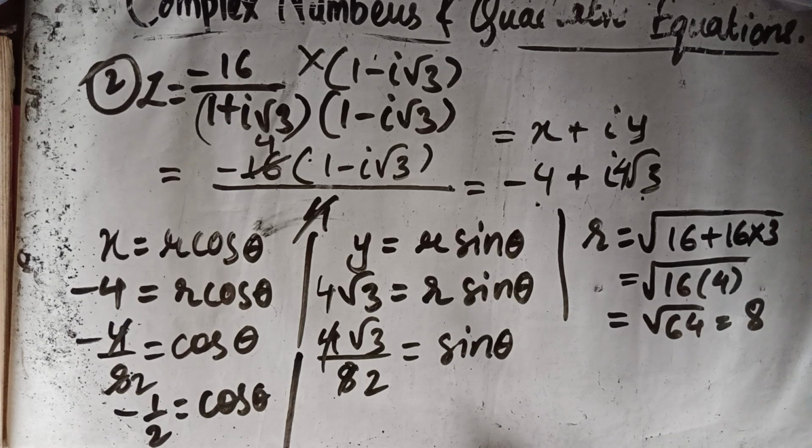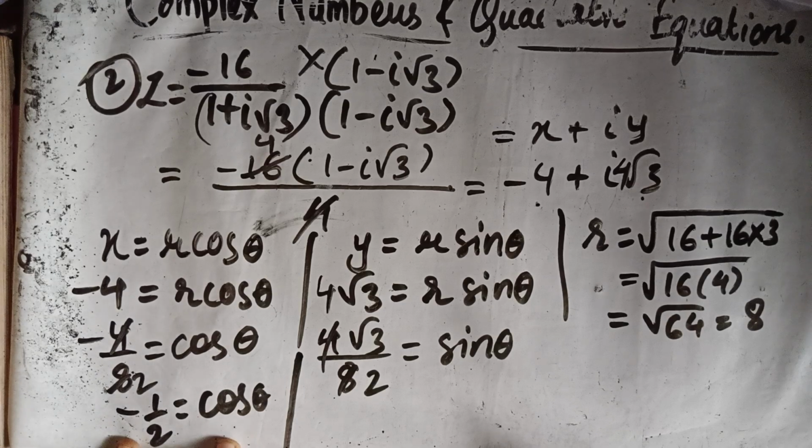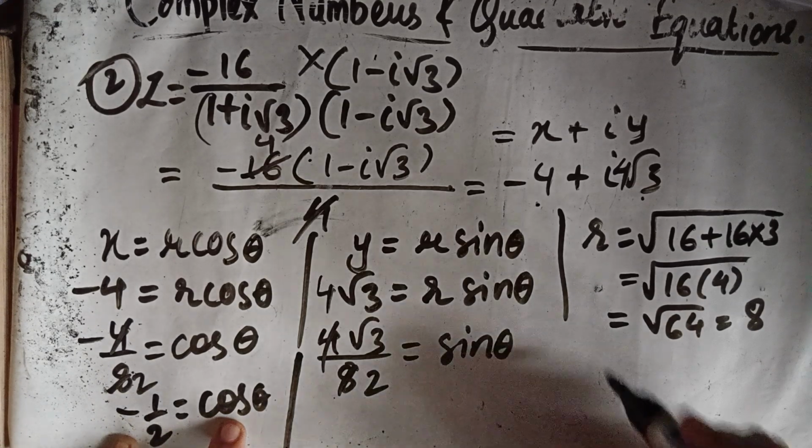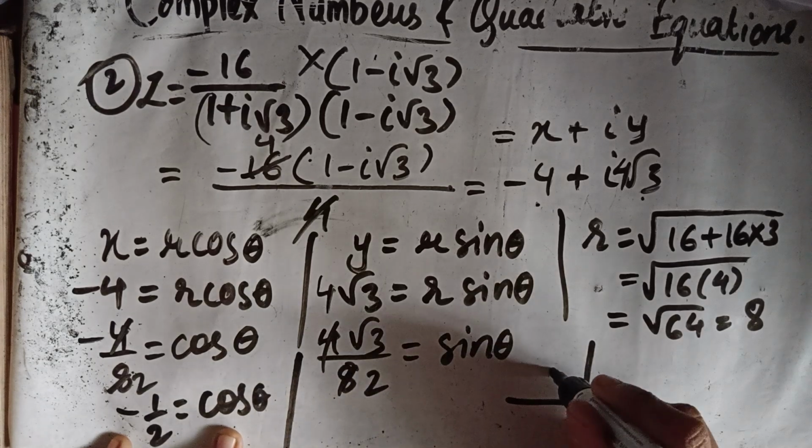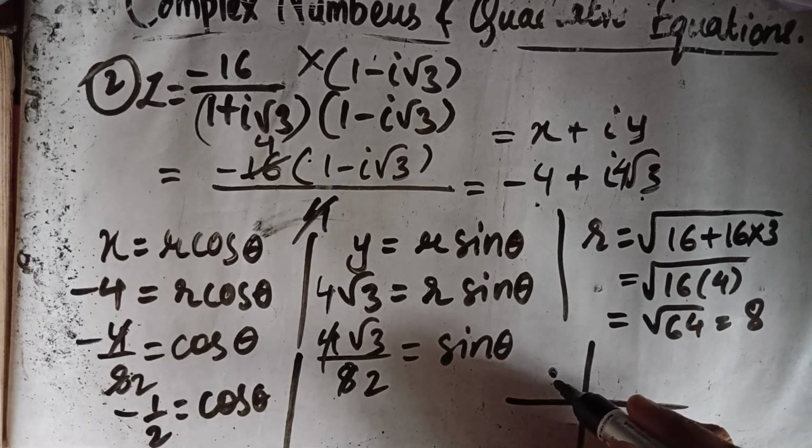This is actually a 60 degree, but here cos is negative. Okay. So using the quadrant form, sin is positive but cos is negative. Sin is positive in the second quadrant. So this is in the second quadrant.